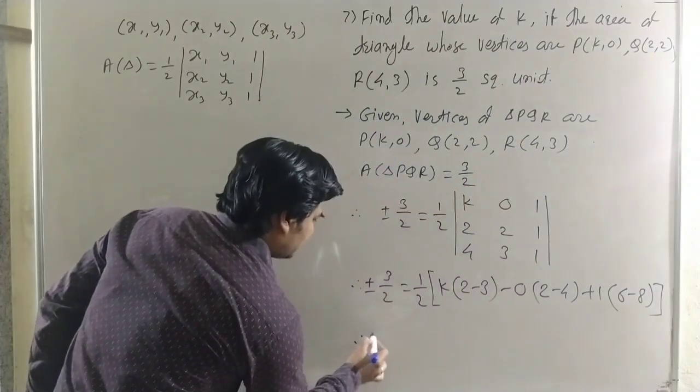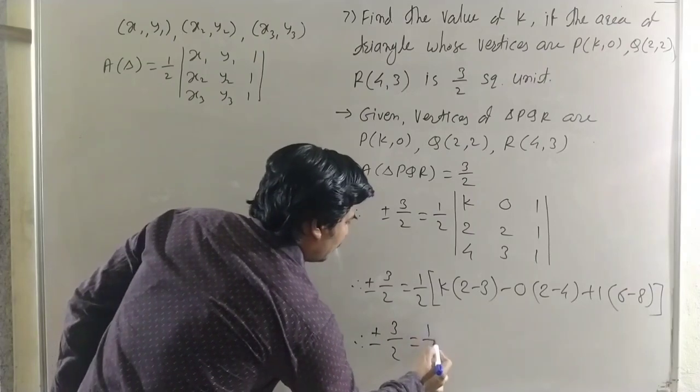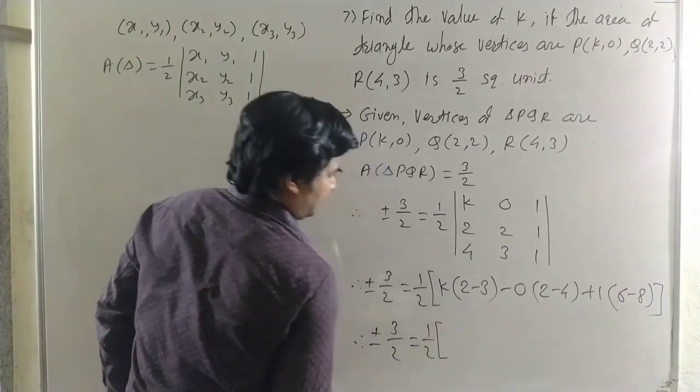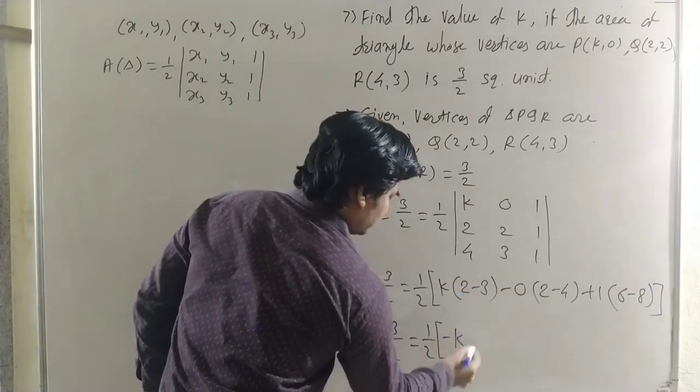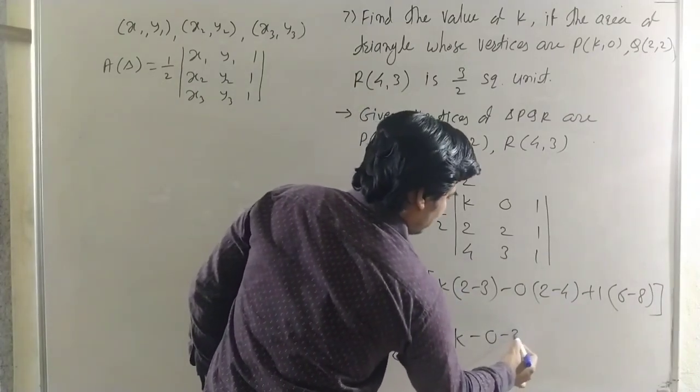So plus or minus 3 by 2 is equal to 1 by 2 into, here it is minus K, see carefully, minus K, then 0, and here it is minus 2.